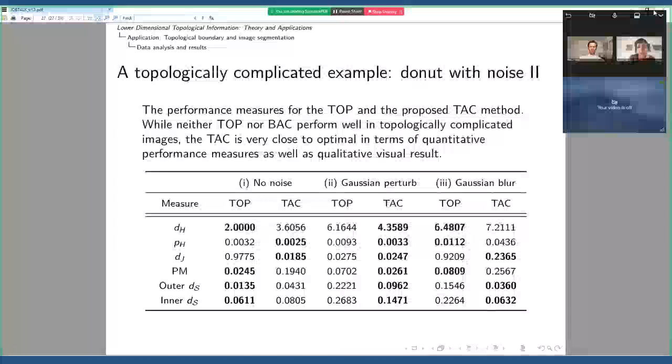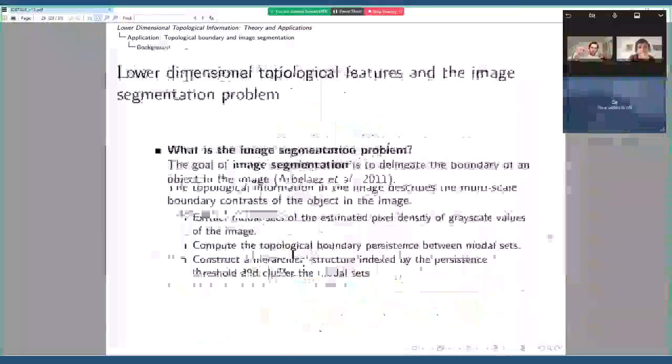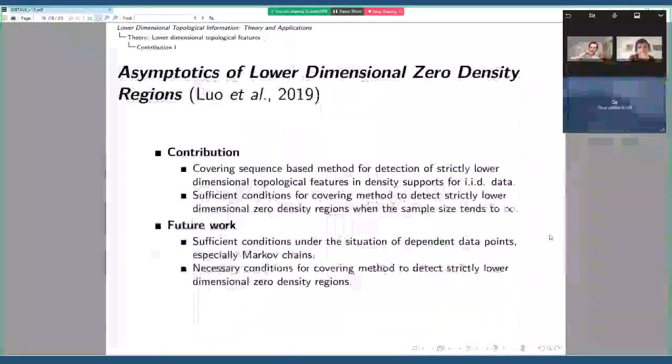So, Hengrui, in the first part of your talk, are you recovering the connected components of the density zero region, or are you also trying to recover the shape of the connected components of the density zero regions? If you look at the union of all the empty covering balls, then its union also displays some shape information.